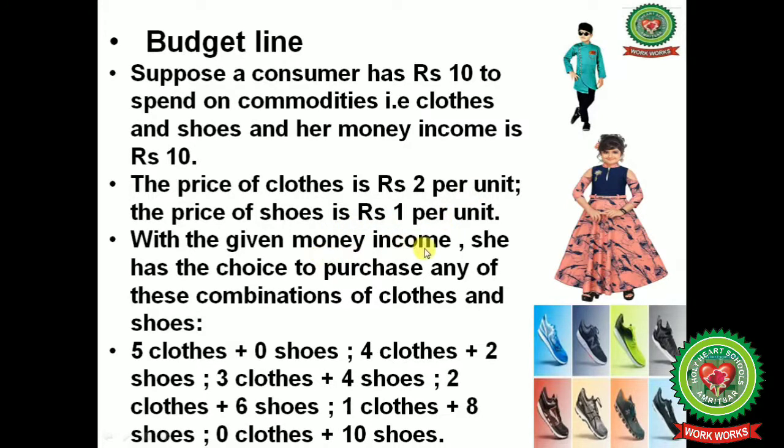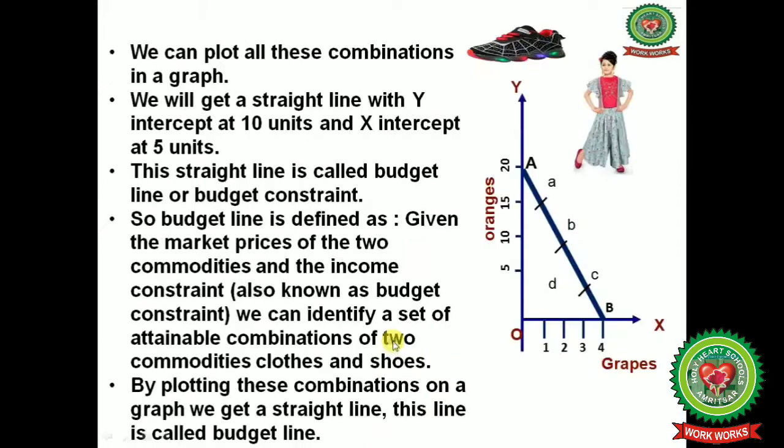With the given money income, she has the choice to purchase any of these combinations of clothes and shoes: 5 clothes and 0 shoes, or 4 clothes and 2 shoes, or 3 clothes and 4 shoes, or 2 clothes and 6 shoes, or 1 clothes and 8 shoes, or no clothes and 10 shoes. Means either she will increase or decrease the quantity according to the budget constraint of the particular commodities.